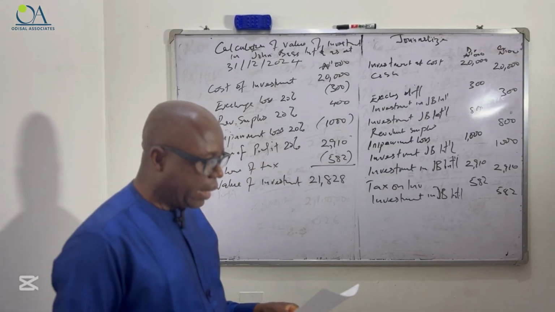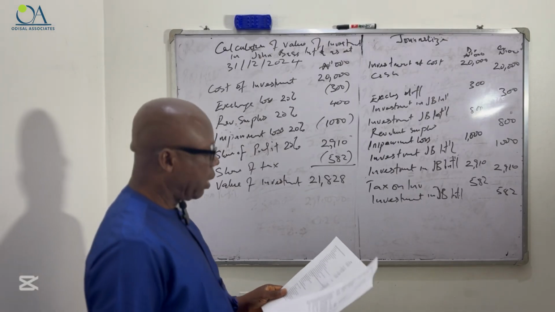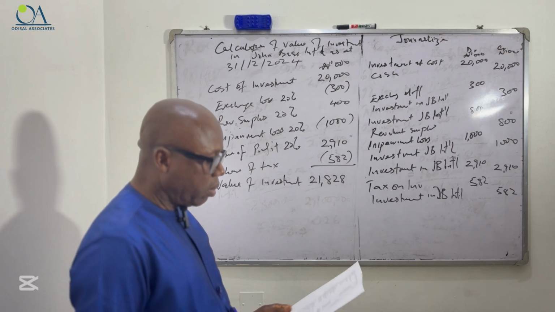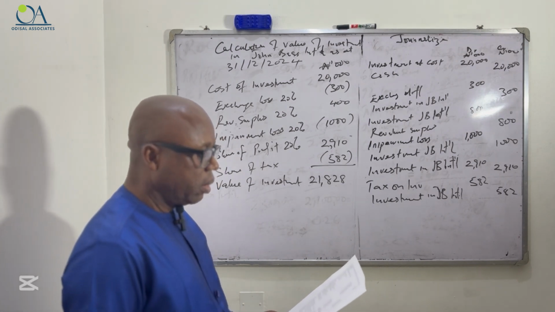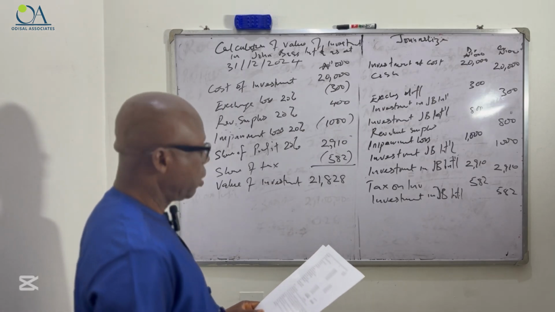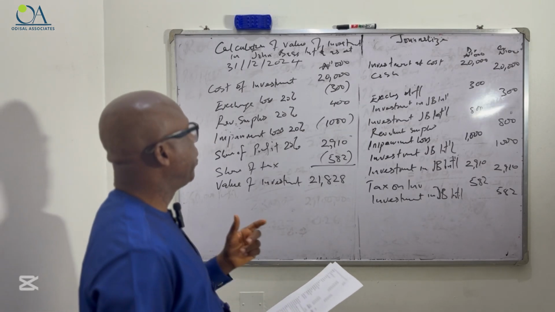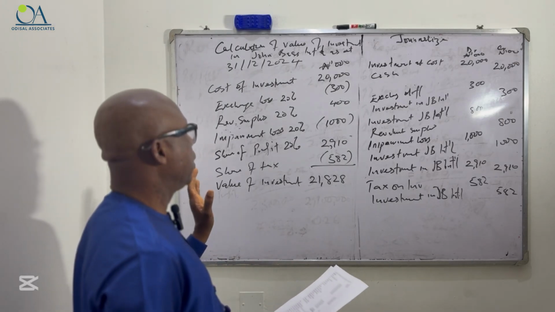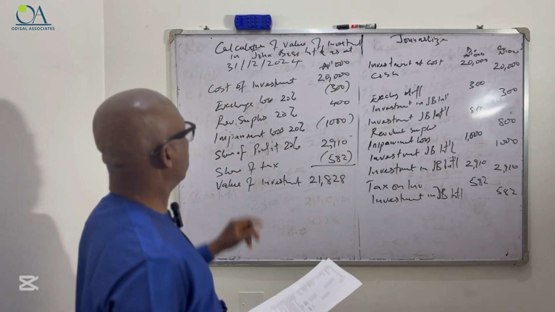First and foremost, we'll look at the exchange difference and the revaluation surplus that were in the trial balance. The exchange difference was 1.5 million, and I explained why it was a loss when I was doing the statement of profit or loss. So it's a loss.